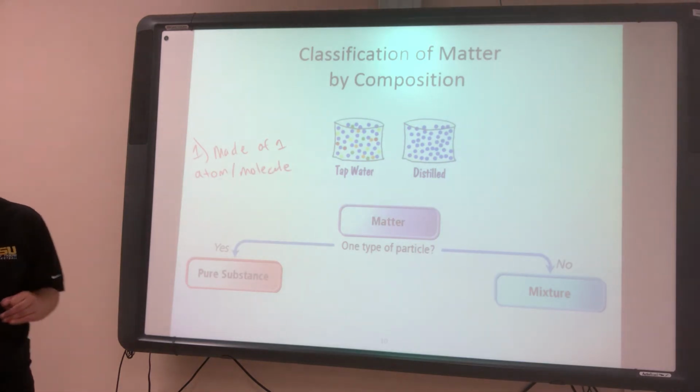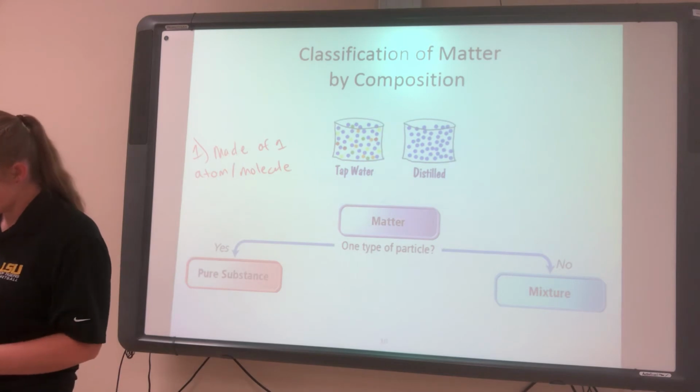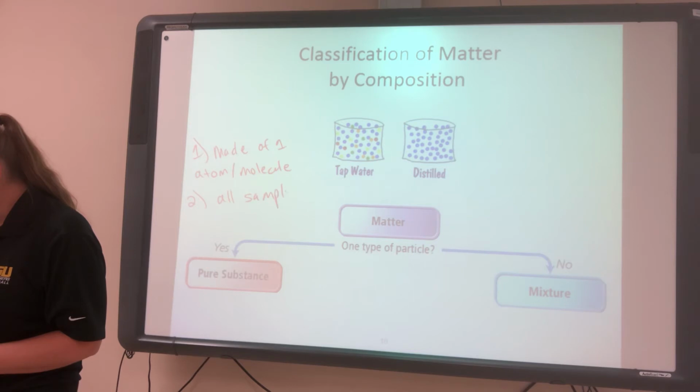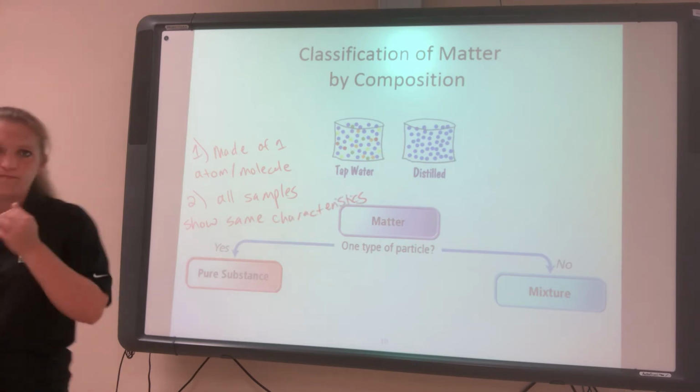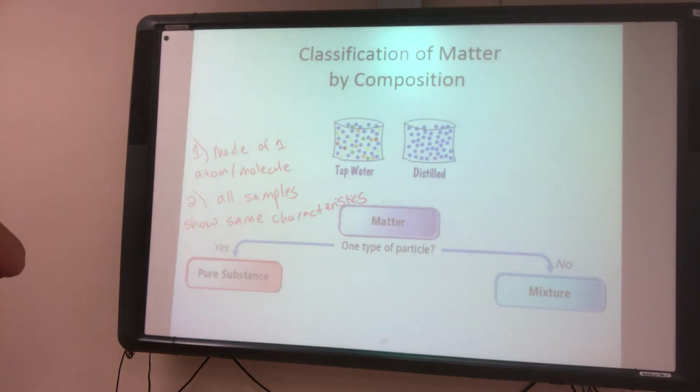I'm going to be made of one atom or molecule, and all my samples show the same characteristics. Okay? So all samples show the same characteristics, and I'm made of one atom or molecule.